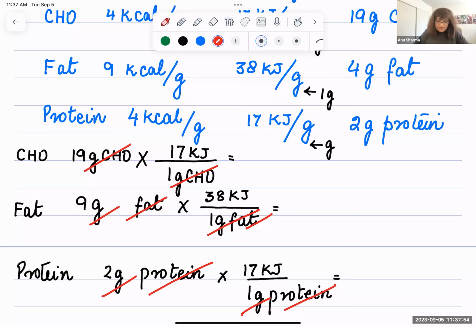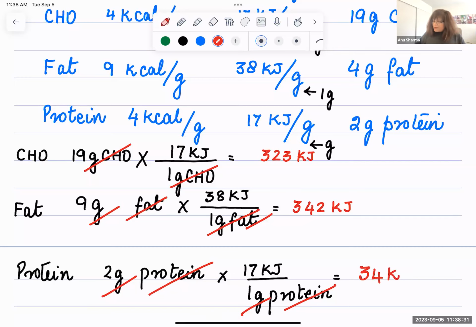So now let's do the math. 19 times 17 gives 323 kilojoules. 9 times 38 gives 342 kilojoules. 2 times 17 gives 34 kilojoules.